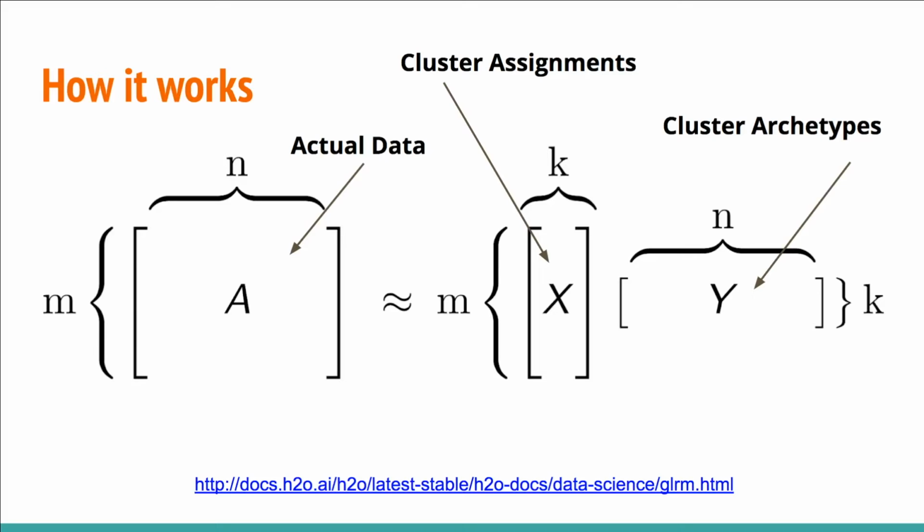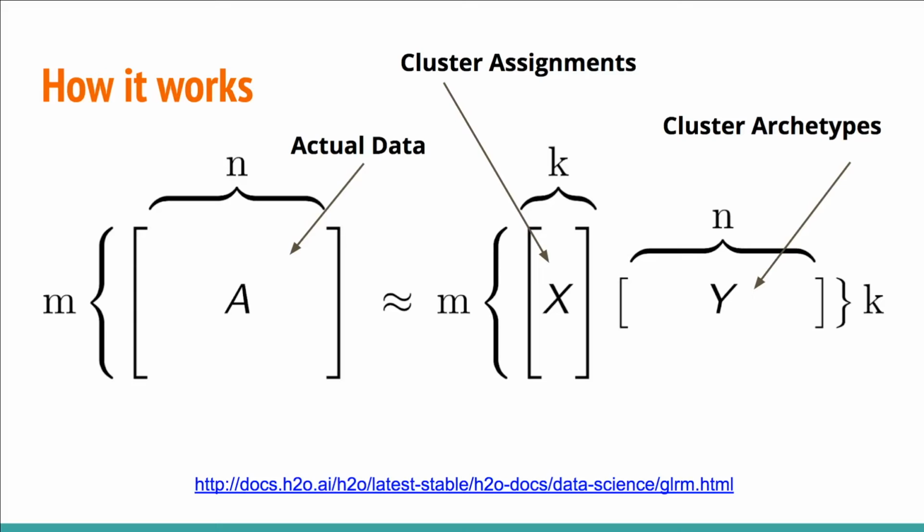But what you can do is you start with your data. That's this A on the left. And you want to break it up. You want to find this low-rank approximation represented by X and Y. So X here are going to be, for each of my M customers, each row is a customer, which of those K clusters do they fall into? Now, the Y, the fat matrix, is going to show for each of your K clusters what type of features they have.